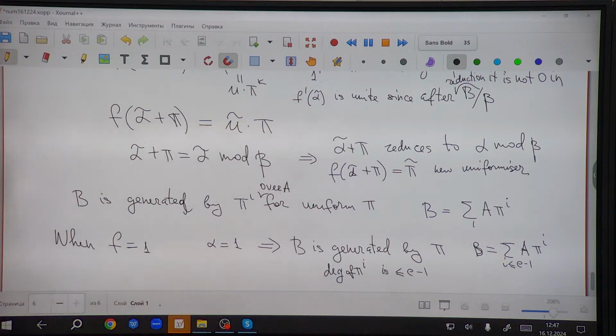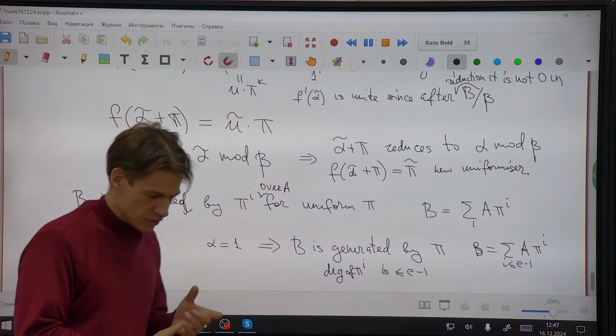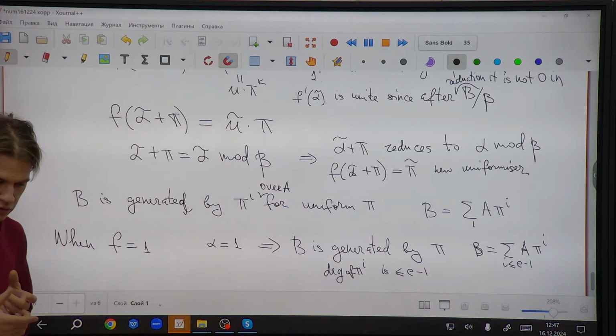And the last thing, I shall send you the file where it is explained, but this is a little bit complicated. In order to consider a general extension and to prove the formula that the different is divisible, you have to decompose your extension as two extensions.